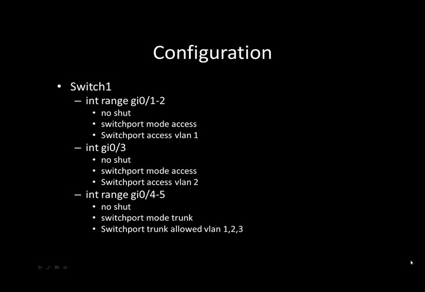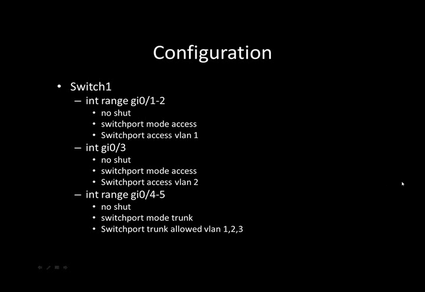And then we moved on to interface GI0/3, again no shut, switchport mode access, and switchport access VLAN 2 to make VLAN 2 on switch 1. And then we moved on to interface range GI0/4 through GI0/5, again no shut, switchport mode trunk, and switchport trunk allowed VLAN 1, 2, and 3. This is to allow trunking.